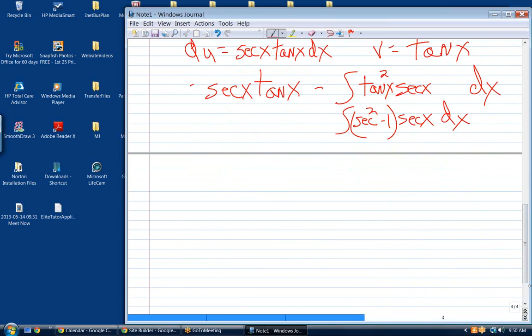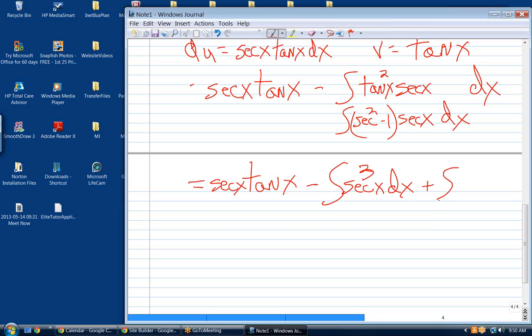Okay, I'm getting to the good part. So now we have, this is all equal to secant x tan x minus the integral of secant cubed x dx plus the integral of secant x dx. And all of this is supposed to be equal to the integral of secant cubed x dx.